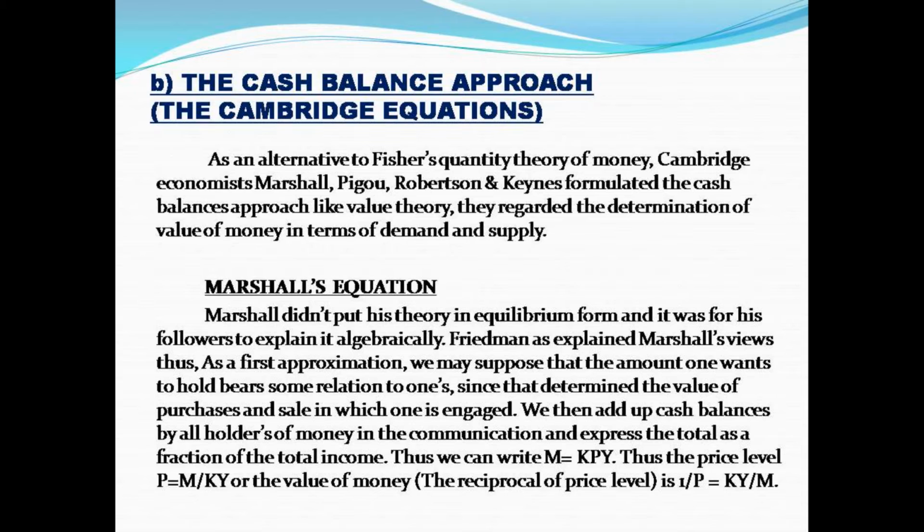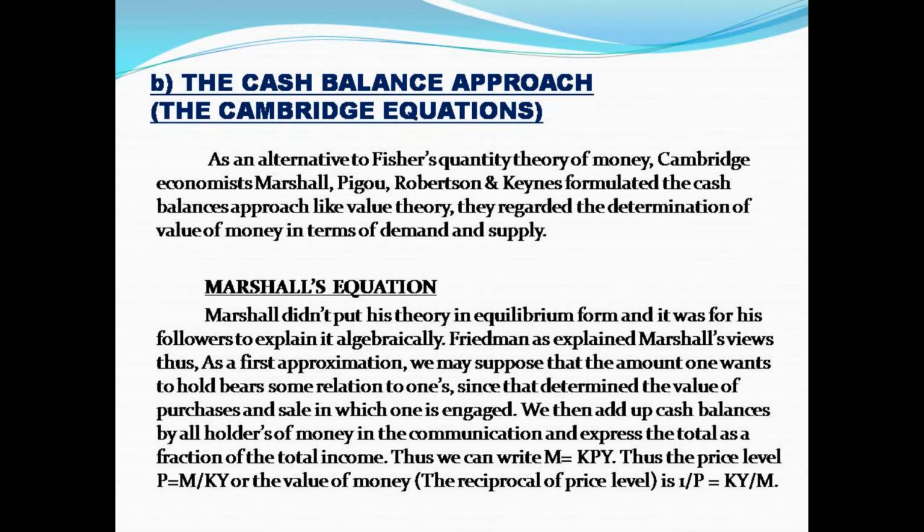Then the aggregate value of currency of the country will tend to be equal to the sum of these amounts. Thus, the cash balances approach considers the demand for money not as a medium of exchange but as a store of value.